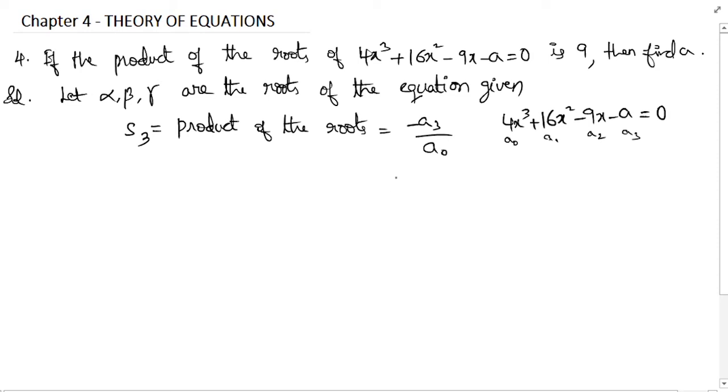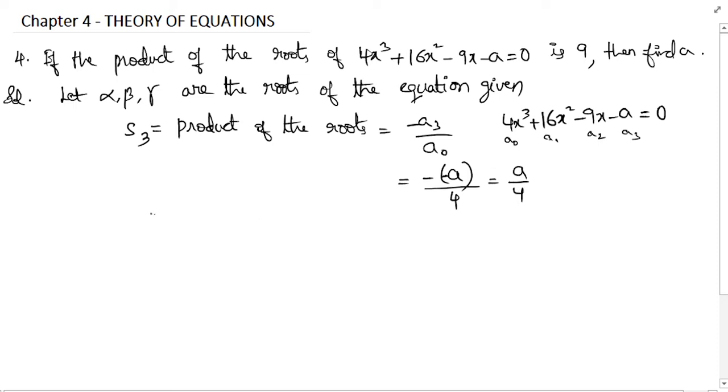So that means here A3 is equal to minus a. A3 is minus a divided by A0. A0 is 4, so that means minus into minus, it's plus a by 4. So the product of the roots is a by 4.